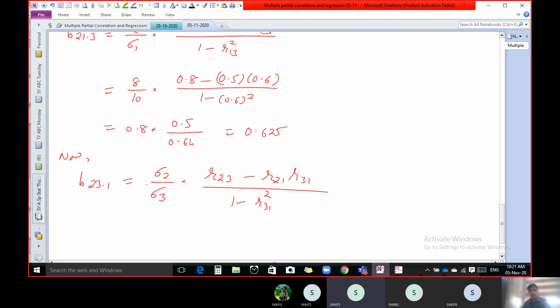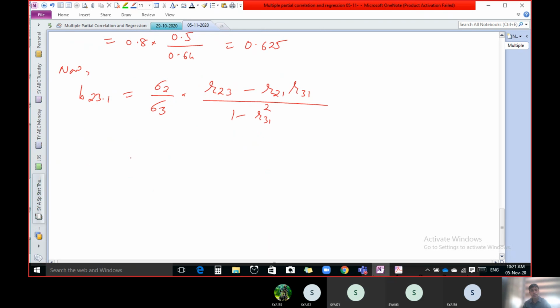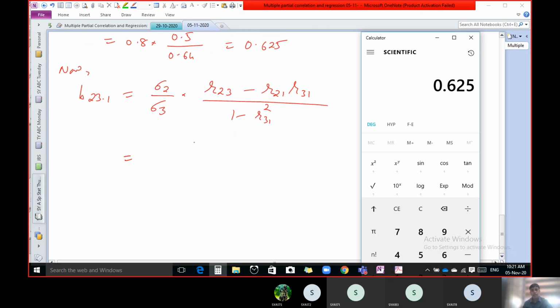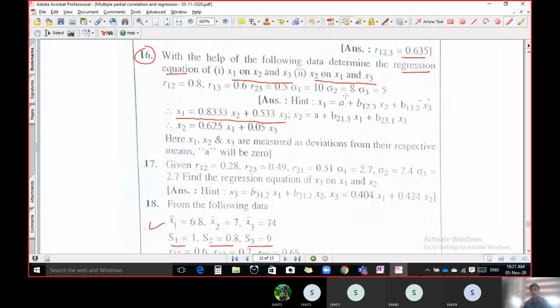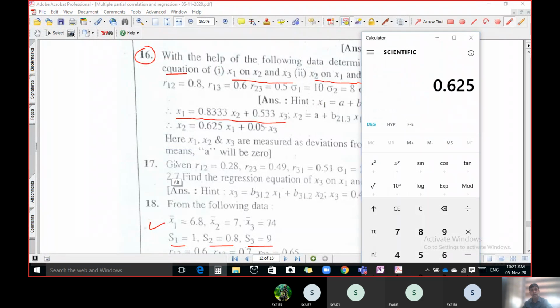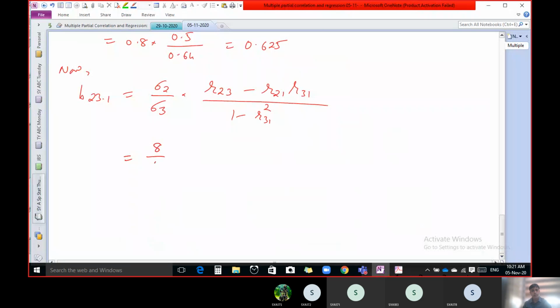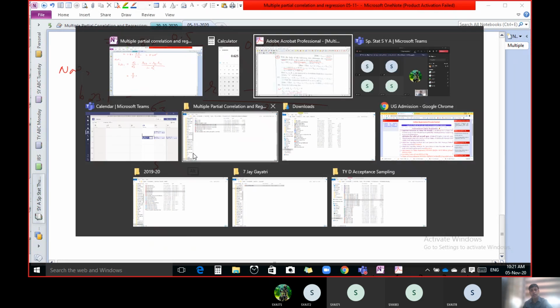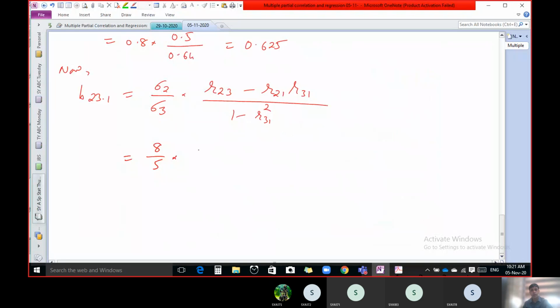Now sigma 2 upon sigma 3: sigma 2 is 8 and sigma 3 is 5, so 8 upon 5.